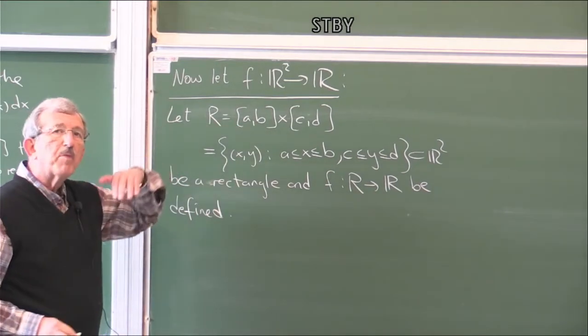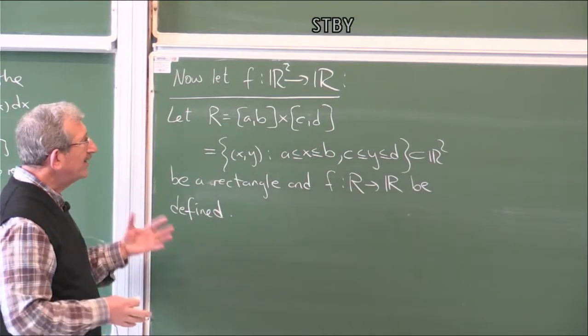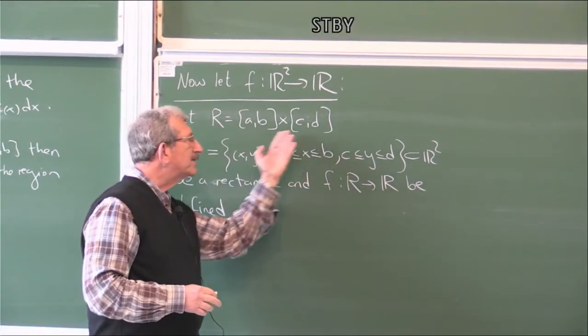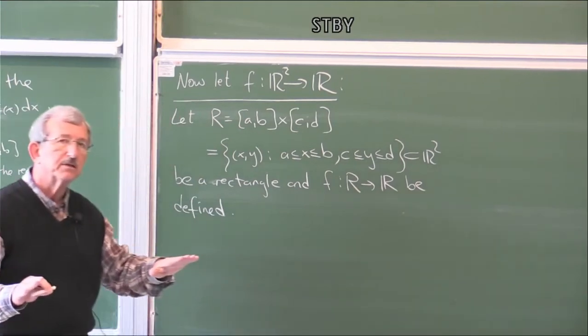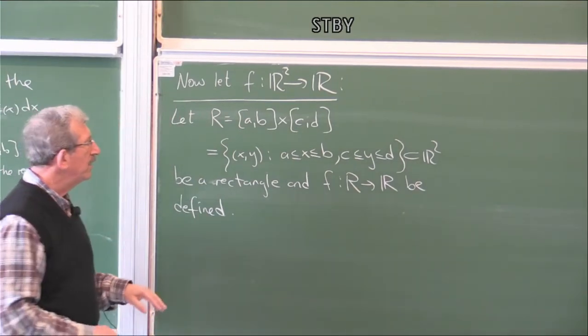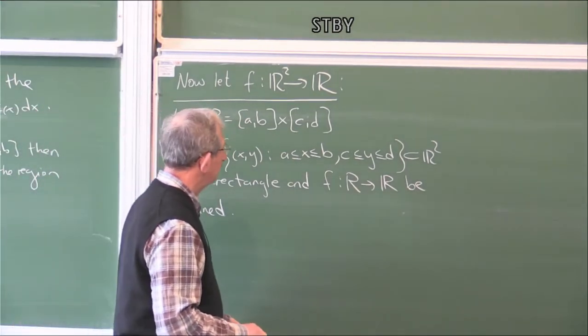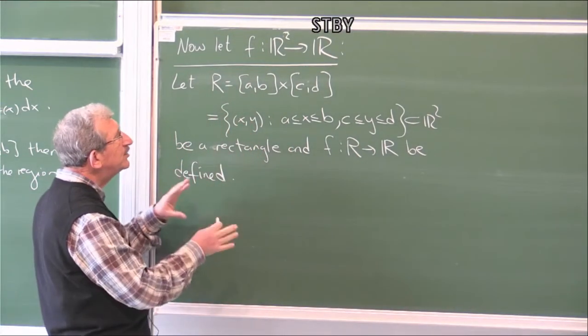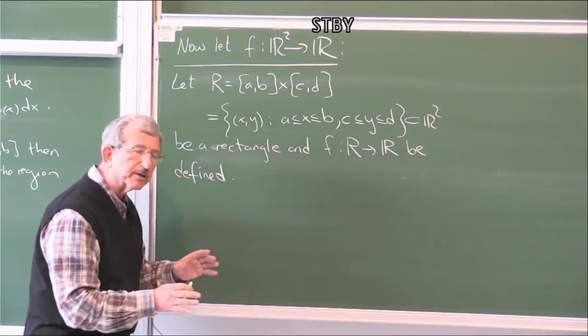Now let us take a partition. Now, what is a partition here? Well, because a rectangle consists of two intervals cross-producted, we can do this in each interval separately.